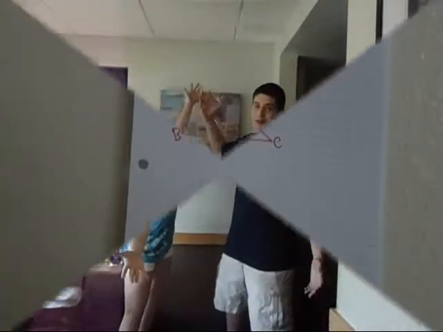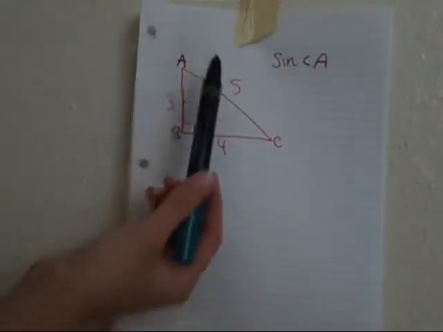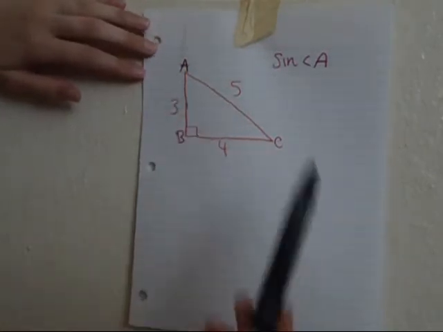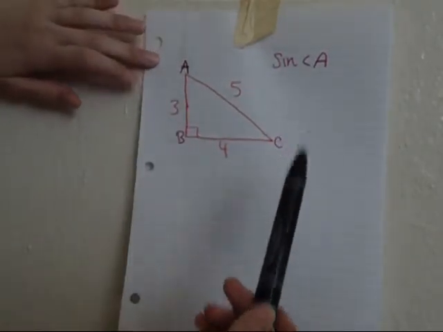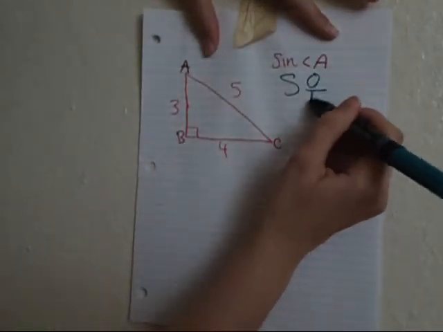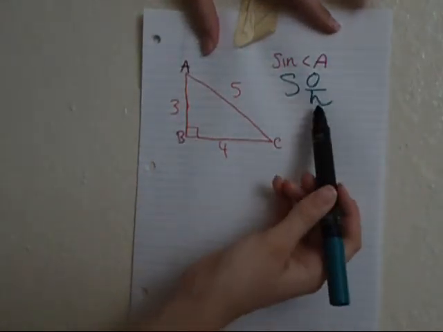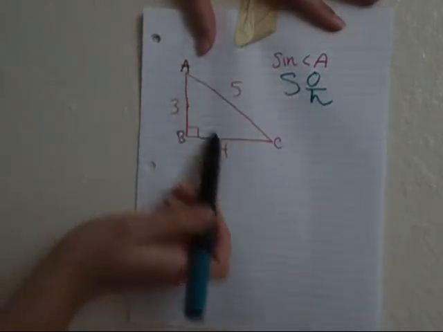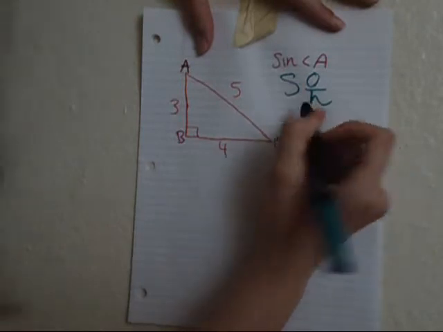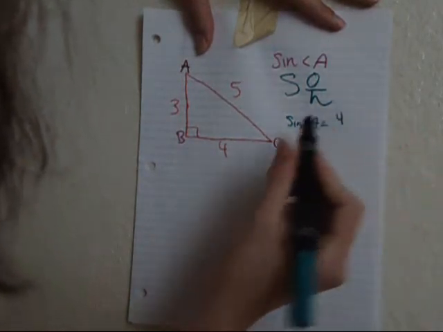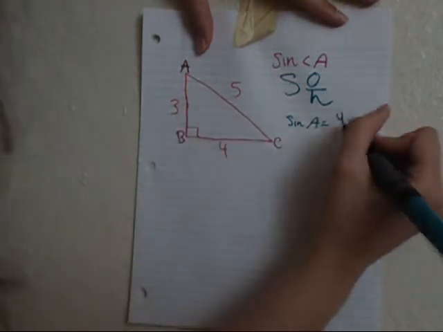It's mathematical. We're going to find the sine of angle A. Here's angle A, and if you remember from our phrases, sine is also known as SOH, which means the opposite side over the hypotenuse. So when we find angle A, we look at the opposite side, which is 4, and the hypotenuse is 5.